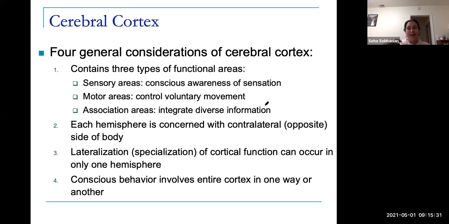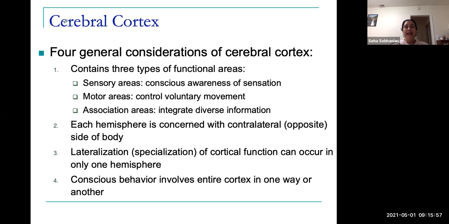Like you say, the right side of the brain is the emotional, creative side of the brain, and the left side of your brain is the more logical, decision-making type of side. So that's what the word lateralization in a very, very broad sense implies. We'll talk about that briefly as we go through the PowerPoint to make this a little bit easier to understand. But I'll talk about that later.